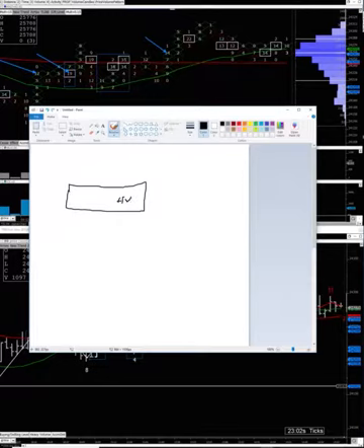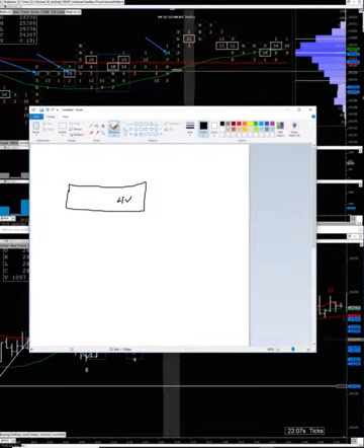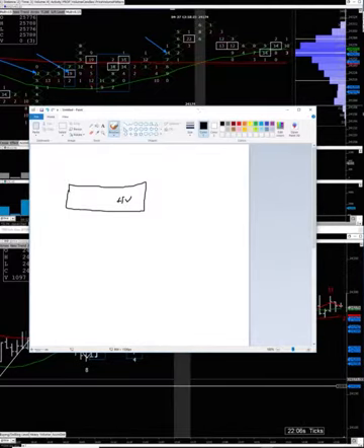Wouldn't that be so much more important than just seeing price go sideways? Obviously, because that would mean that smart money is actually doing something in the range. Otherwise, a range is a range. Who gives a shit? It goes sideways. Good for it. Maybe they're doing nothing.